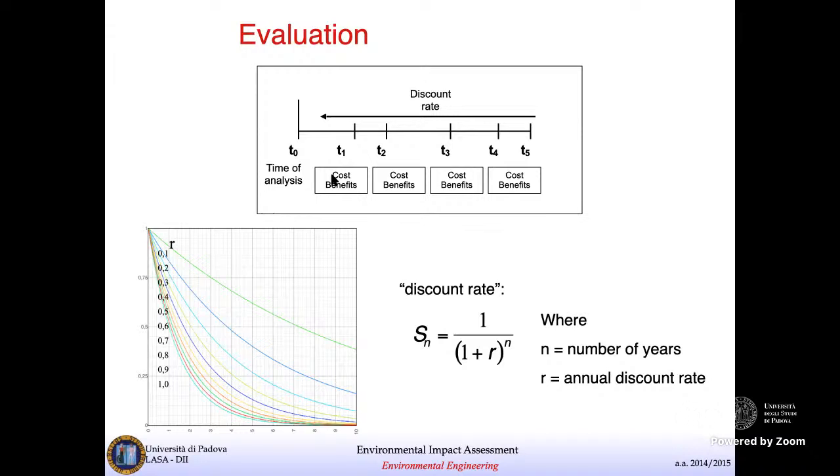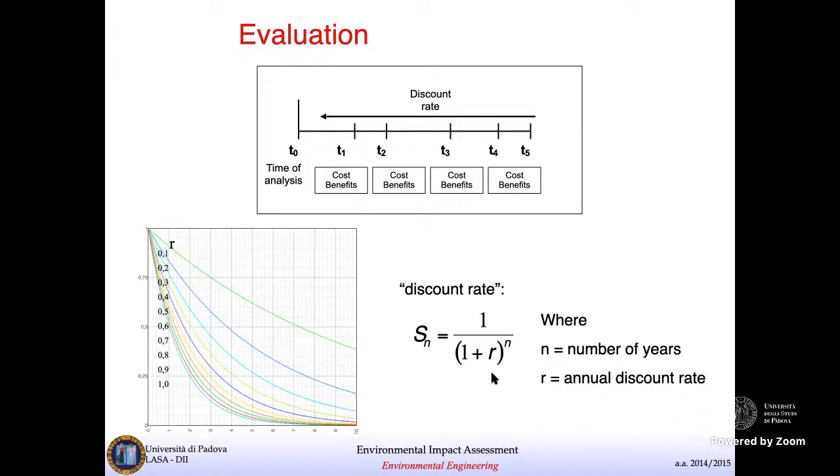We employ the simple classical economic indicator that is called the discount rate. The discount rate is calculated, as the function here explains: the discount rate is equal to 1 divided by 1 plus R, where R is the annual discount rate elevated to the number of years.